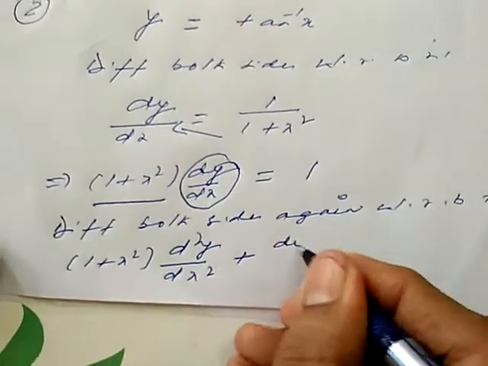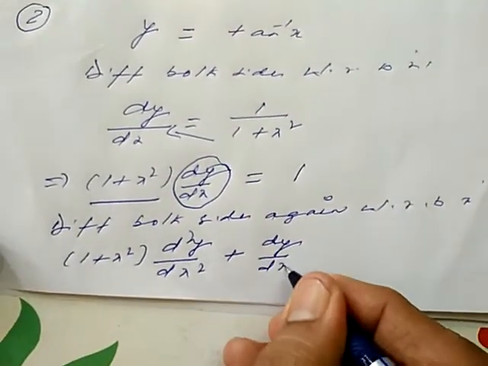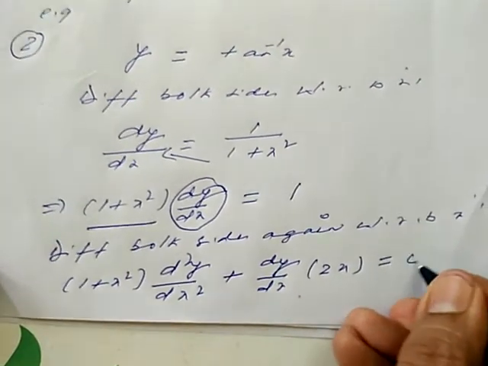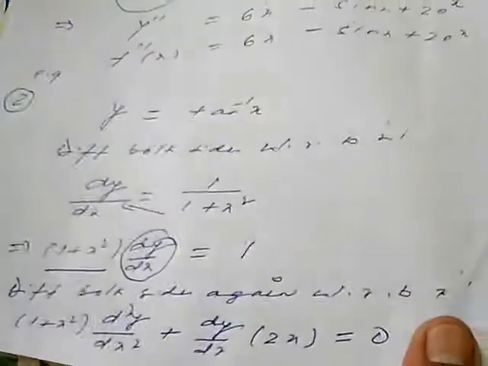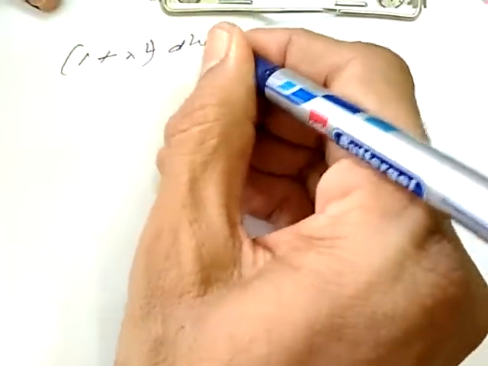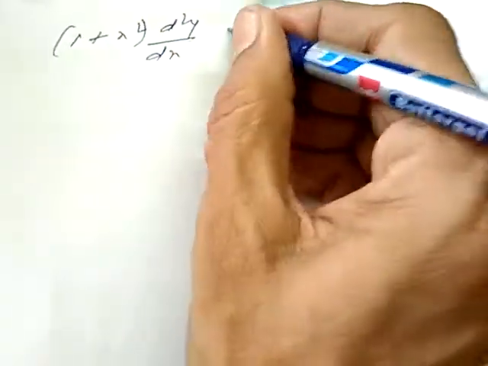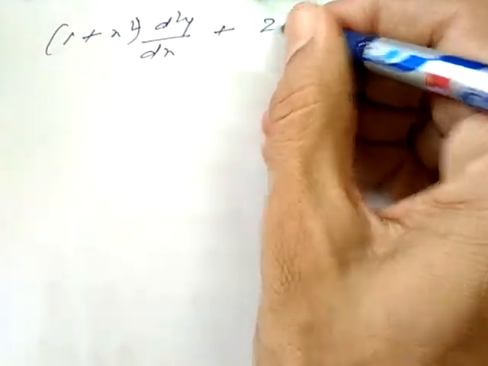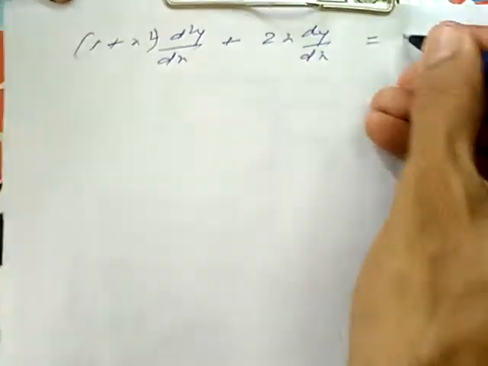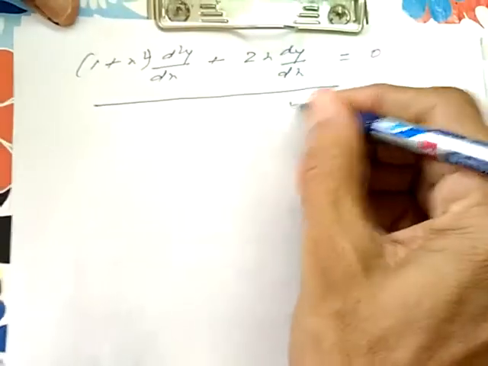Plus dy by dx outside, and we take the differentiation of 1 plus x square, that is 2x, and the right side will be 0. So finally we have 1 plus x square times d2y upon dx square plus 2x dy by dx is equal to 0.